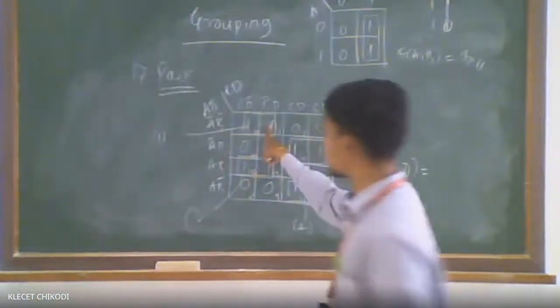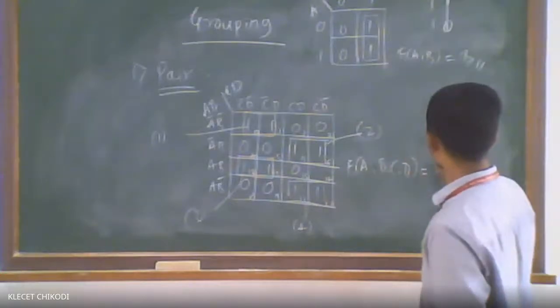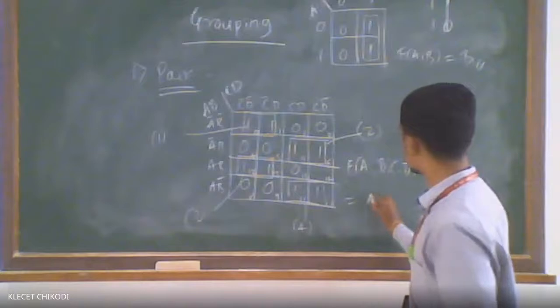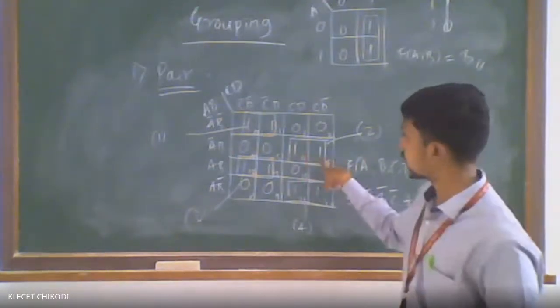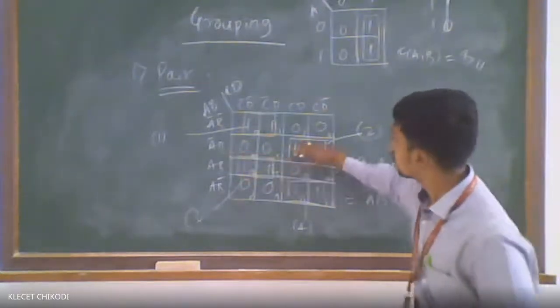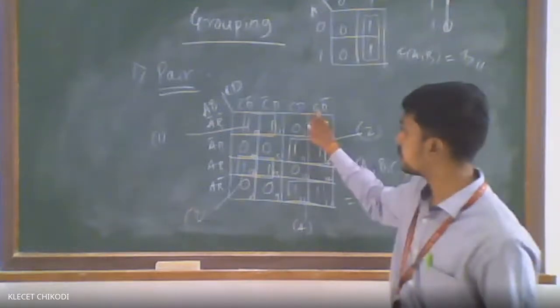So for first pair, I will write below here. For first pair it will be A bar, B bar, C bar. For second pair it is A bar, B, respective column value is C, because only that C is not changing.